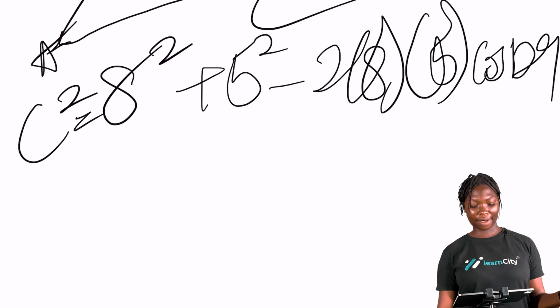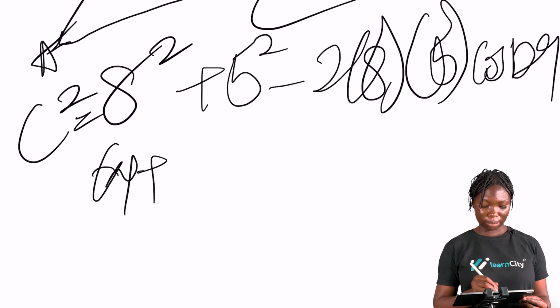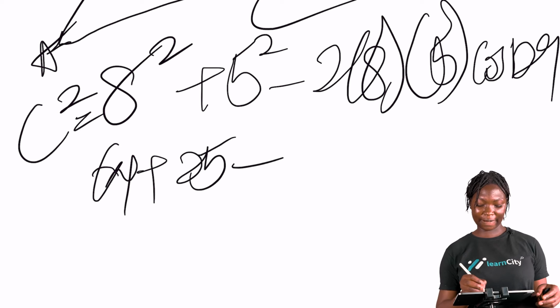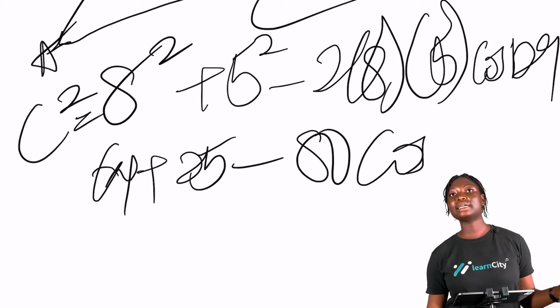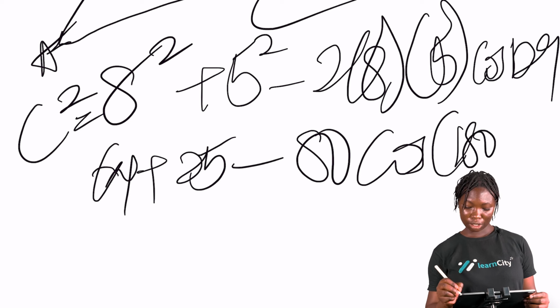So here we have 8 squared, which is 64, plus 25 minus 2 times 8 times 5 is 80 cos 129 degrees, which is 180 minus 129 degrees.